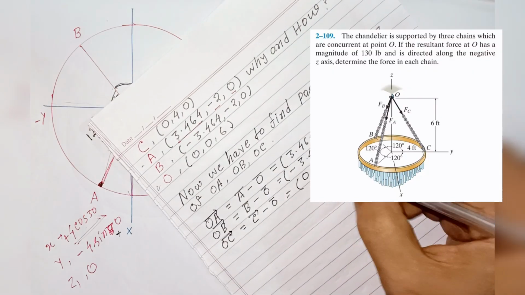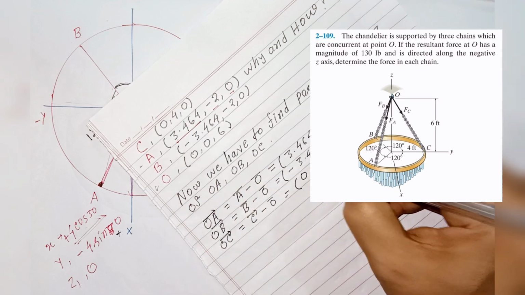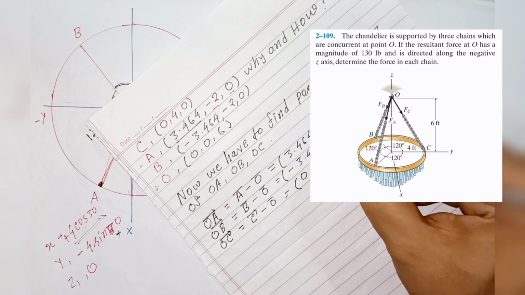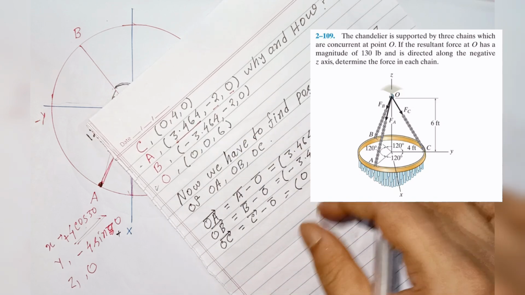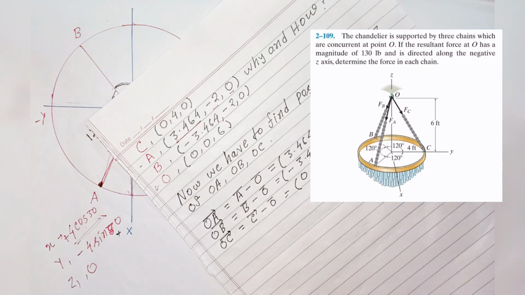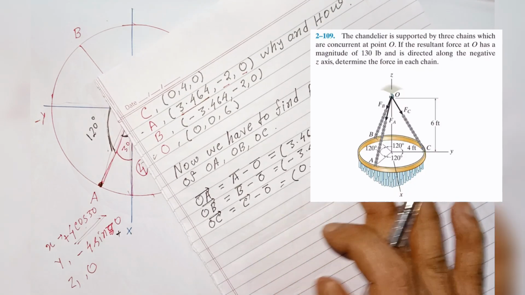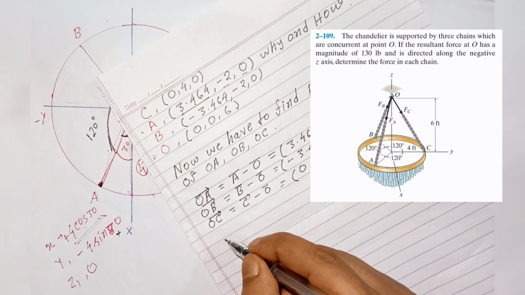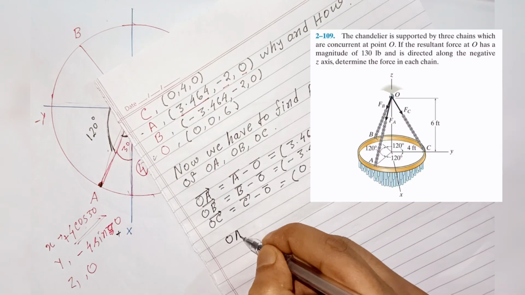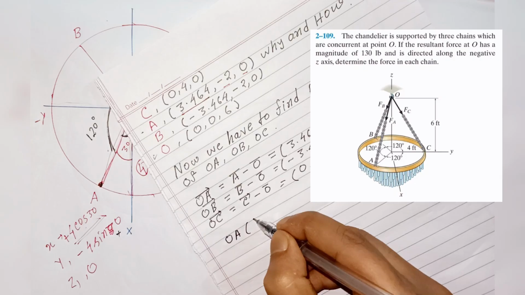Okay, now our third step. Find the length or magnitude of the OC position vector, OB position vector, and OA position vector respectively. That means the length of OA, length of OB, and length of OC.